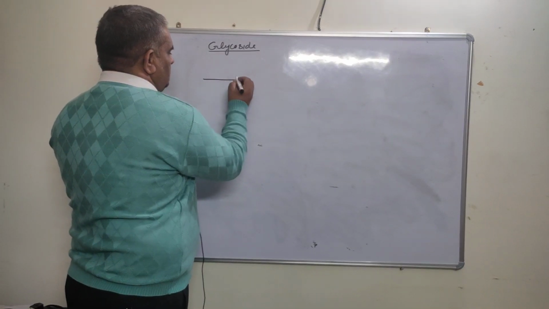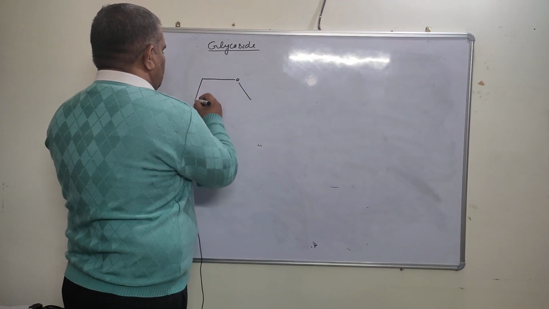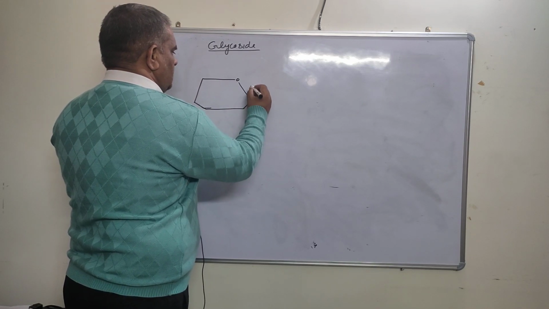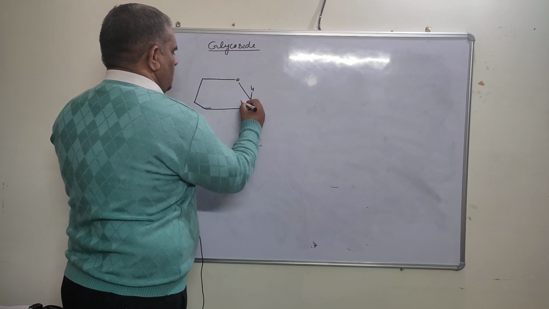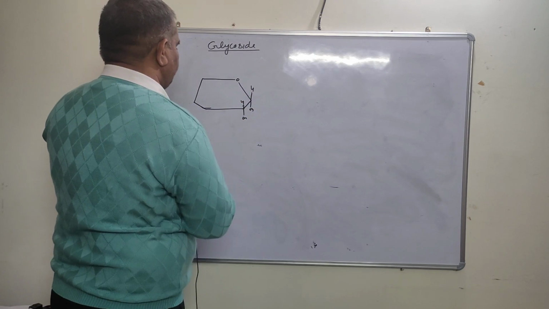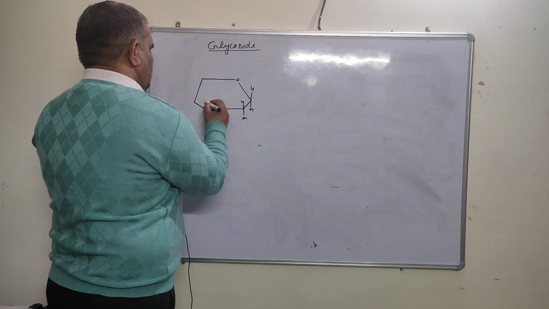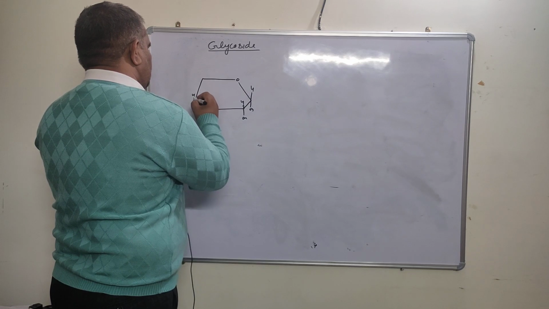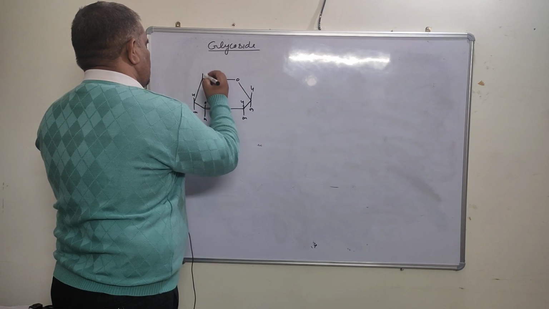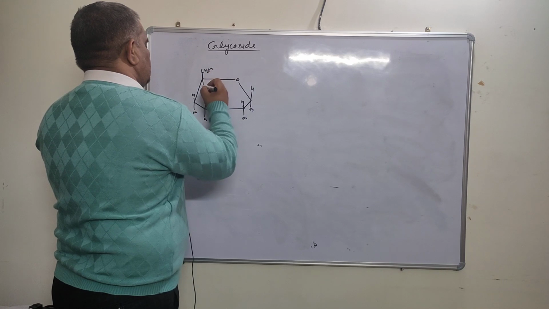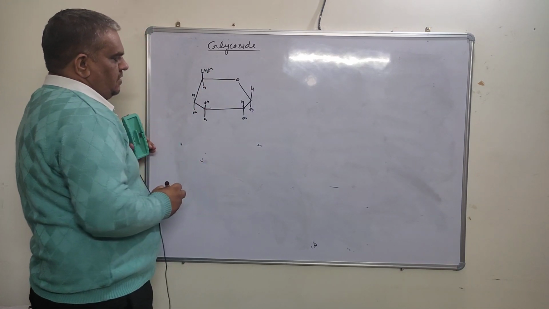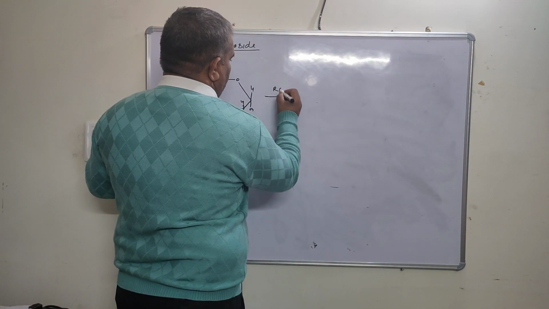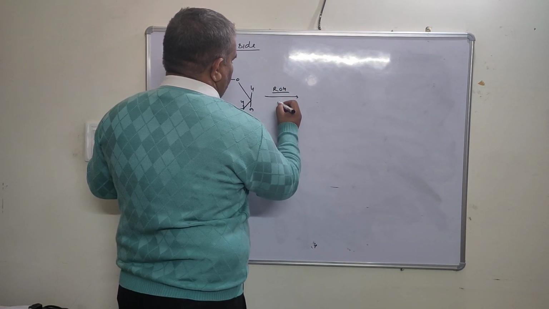This is the alpha D glucose, the Haworth position formula: H, OH, H, OH, this H, OH, H, this H, OH, and this CH2OH and H. This is the alpha D glucose treated with alcohol in presence of HCl gas.